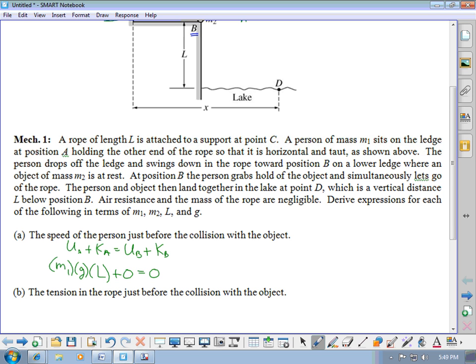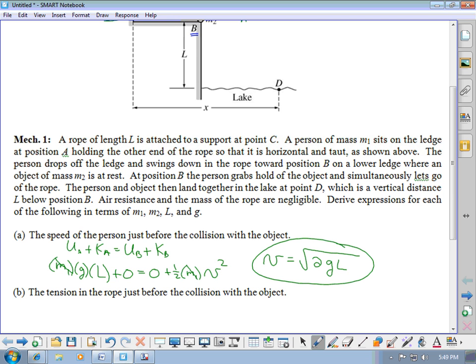And the kinetic energy at point B is 1/2 times the mass of the man, M1, times the velocity squared, the speed that we're looking for. If you solve that for v, the M1's divide out, and we get that the speed is the square root of 2gL.